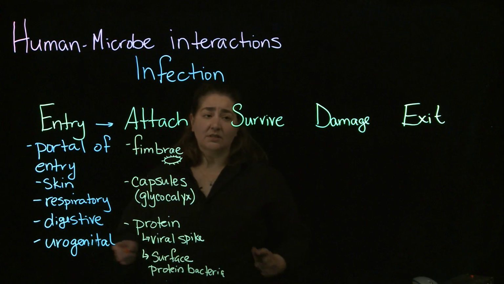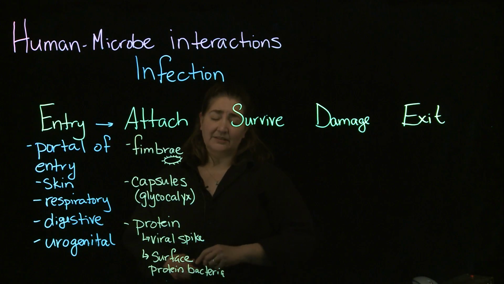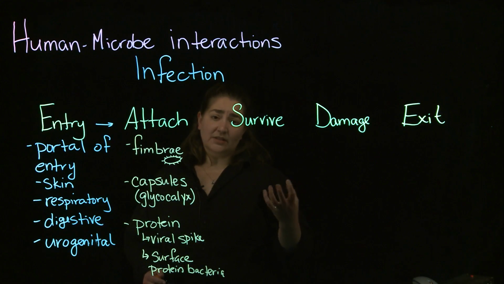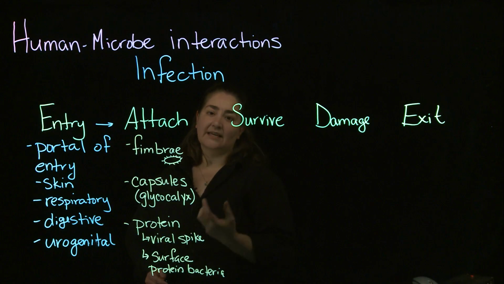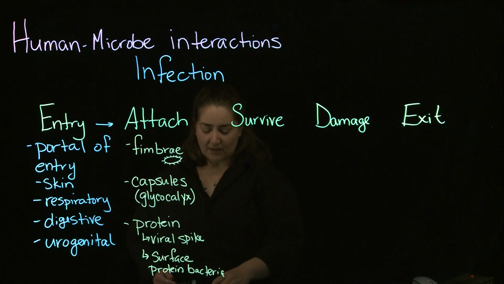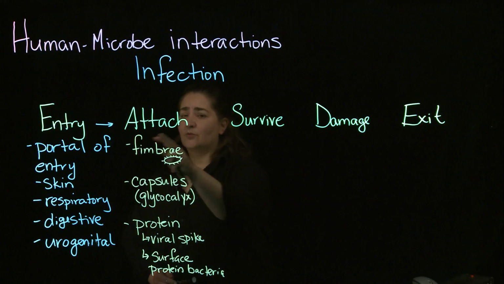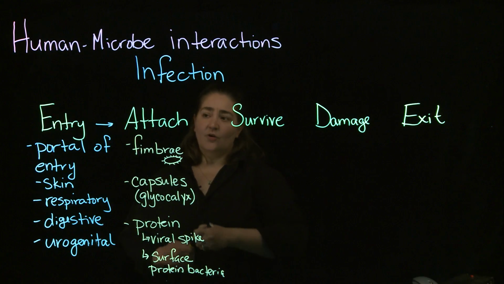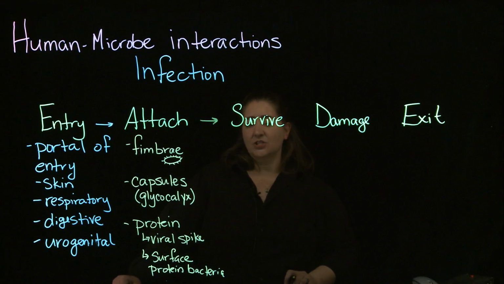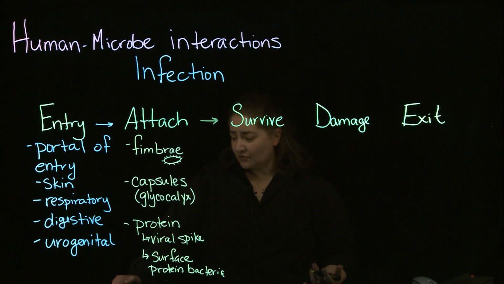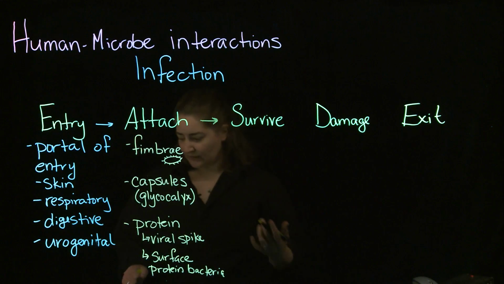There may be proteins on the outside of the bacteria that allow essentially that bacteria to use something that's already on the outside of our cells to gain entry, right? So in terms of that, we've got to enter, we've got to attach. Once those pathogens or those bacteria attach, they have to now be able to survive within the host, okay?